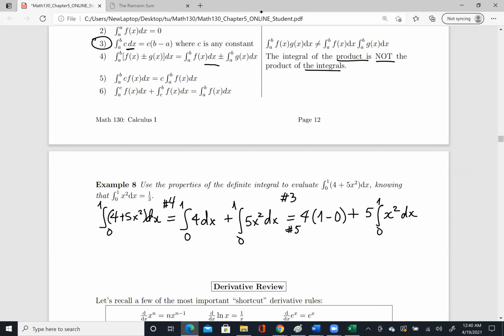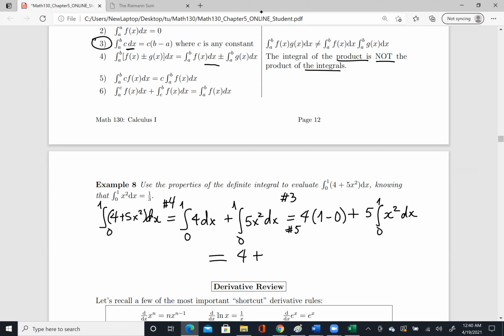What else? Then I have 4 times 1 minus 0, which is 4, right? So it's 4, plus the next one.